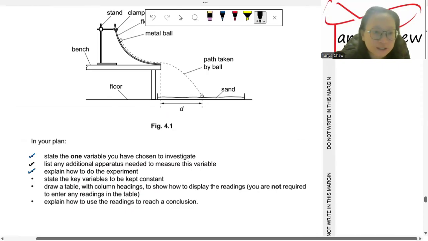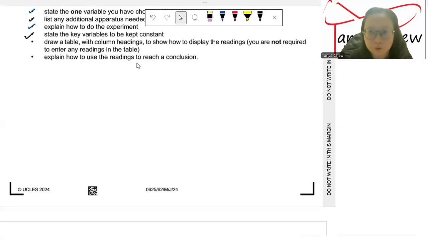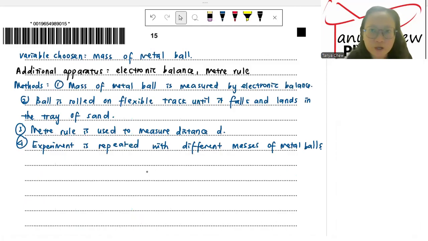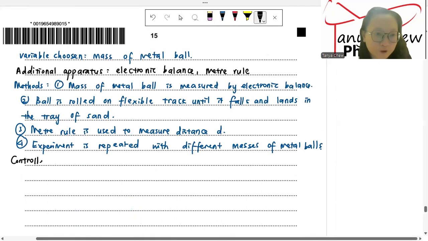And the next one, state the key variables to be kept constant. Variables means plural. So I will just write down here, variables to be kept constant, or you call it control variables. It's just that during this experiment you want to keep them constant, right?